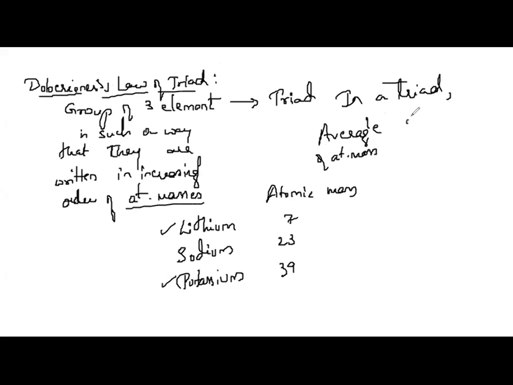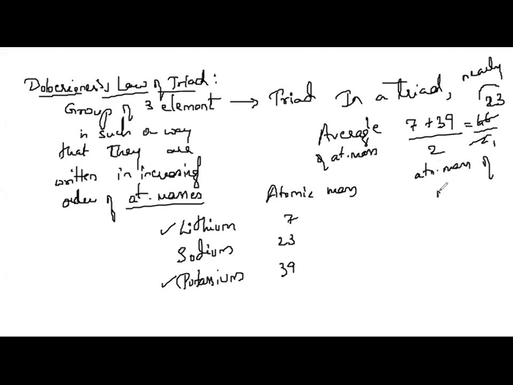How do we take the average? 7 plus 39, the whole divided by 2, because 2 elements. 39 plus 7 is 46. 46 by 2 is 23. So when you take the average of atomic masses of first and third element, the value was nearly, not exactly all the time, nearly the atomic mass of the middle element. You can see here, 23 is matching with the atomic mass of the middle element. So this was Dobereiner's law of triads.